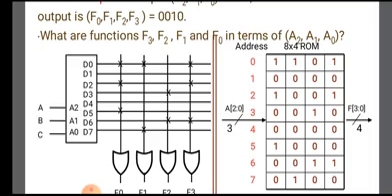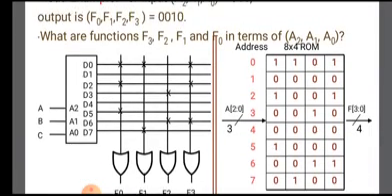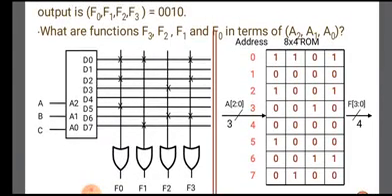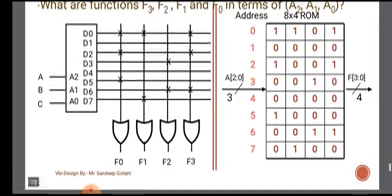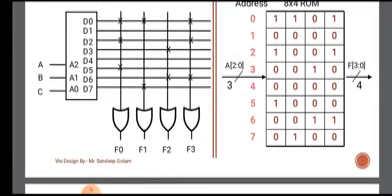There are 3 inputs, so 8 output combinations because 2 to the power 3 is 8, and 4 outputs. These are the address lines 0, 1, 2, 3, 4, 5, 6, 7. A is the input terminals, A2 to A0, so the total is 3, and the output is F, which has to be 4.